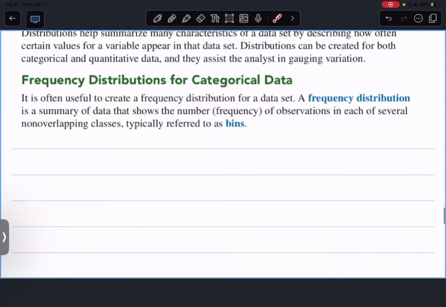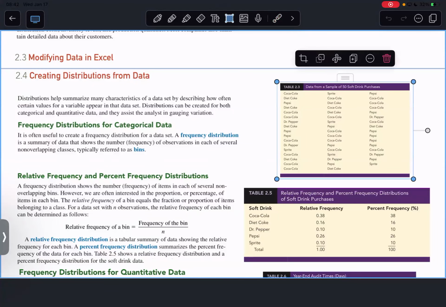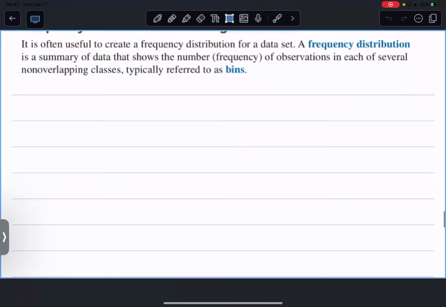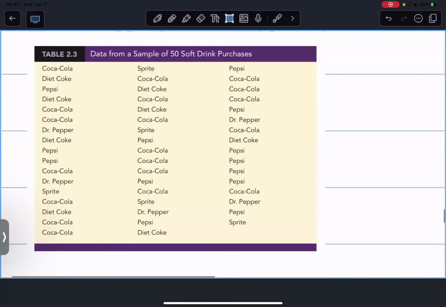Okay. So if we have a data set that looks like this, let's talk about soft drink purchases. Person number one bought a Coke, the second or third person got a Pepsi, the fourth a Diet Coke, and so on. Now we want to summarize which of these were purchased.